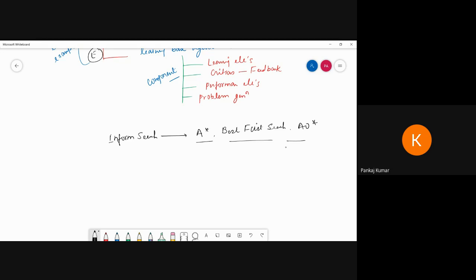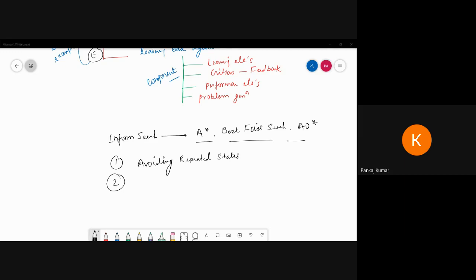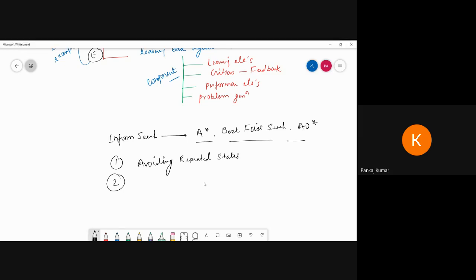Before starting informed search in the next class, I have to discuss two points. The first point is avoiding repeated states, and the second one is constraint satisfaction, or search with partial information.